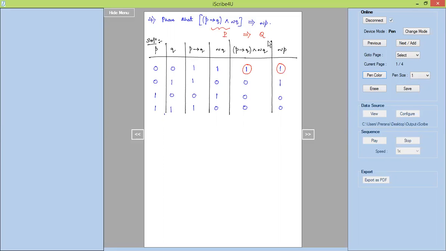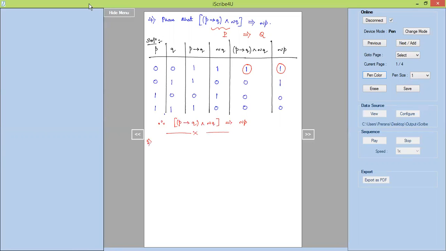So we conclude that P conditional Q and negation Q implies negation P. That's the solution for the first one.